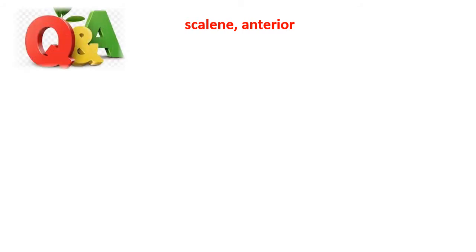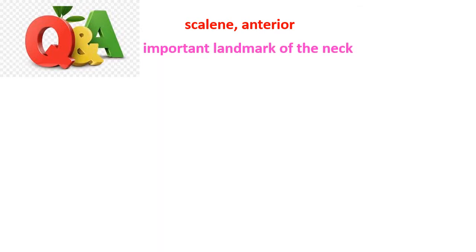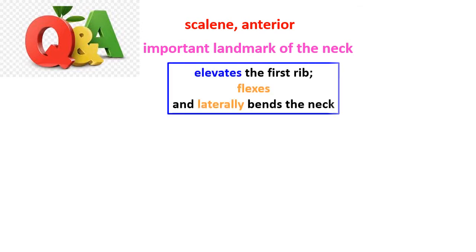Let us write few basic facts about the scalene anterior by asking ourselves few questions and trying to answer them. Why do we study the scalene anterior muscle? Because it is an important landmark of the neck. What does it do?